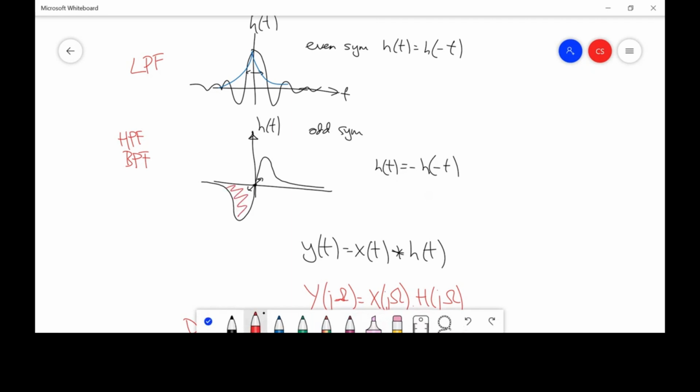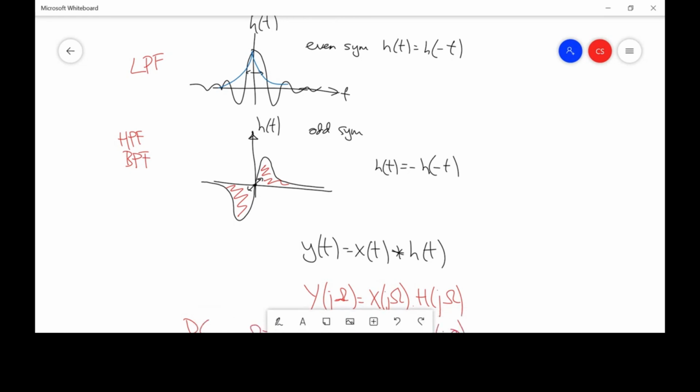The addition of the whole area is 0, while for these ones, the addition is not 0. So even symmetric filters are low-pass filters. And these ones have to be low-pass or high-pass or band-pass filters. You see?